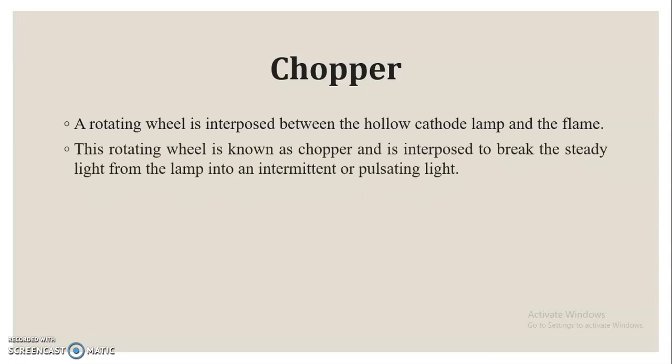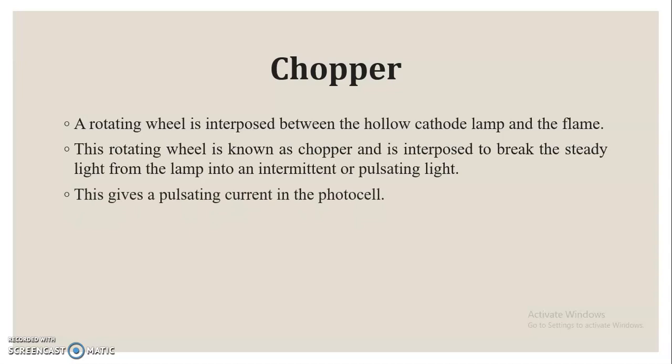This rotating wheel is known as the chopper, and it is interposed to break the steady light coming from the lamp into intermittent or pulsating light. Means the role of the chopper is this: the radiation source is continuously emitting light, and that will be broken down with the help of the chopper into intermittent or pulsating light.